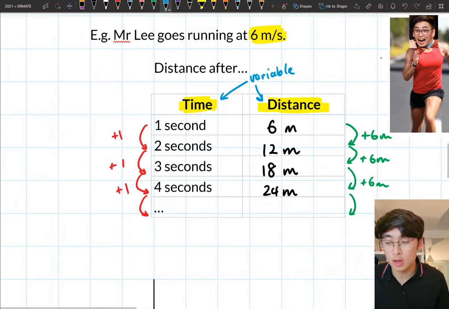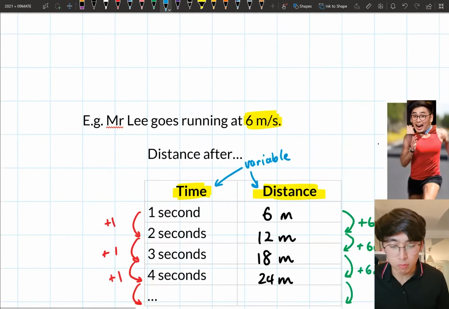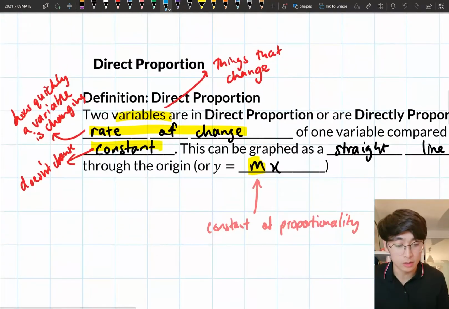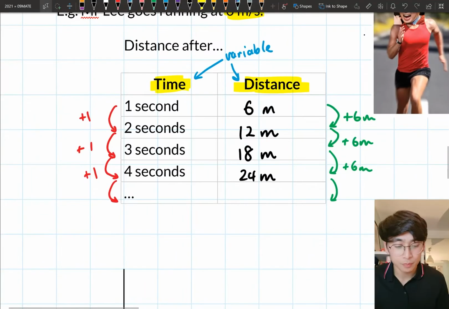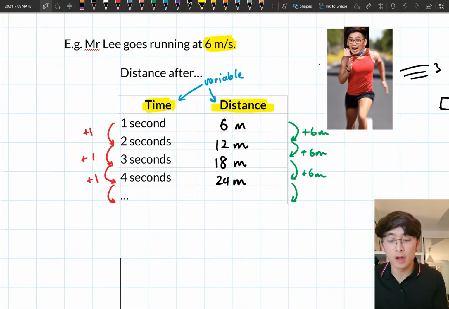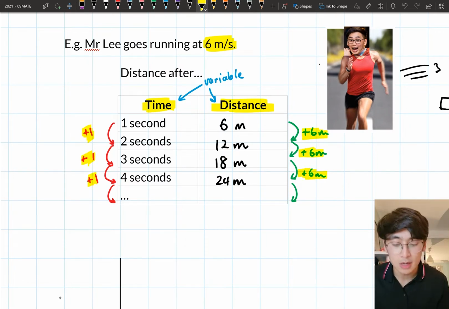And in my definition, what I wrote was, if the rate of change of one variable compared to the other is constant. Now, have a look here. Every time I go up by 1 in my time, I go up 6 meters in my distance. That doesn't change. As long as I maintain this 6 meters per second, that doesn't change.